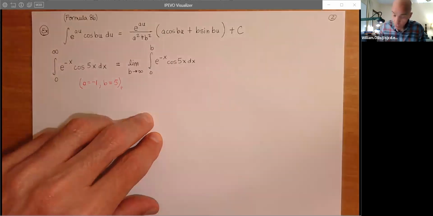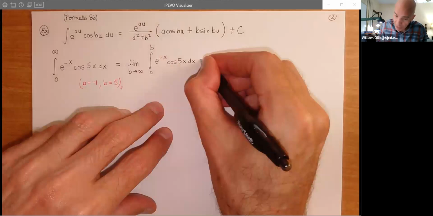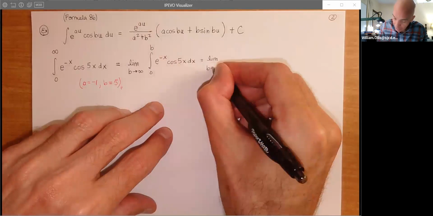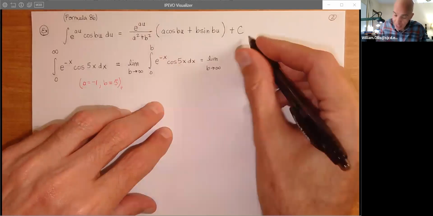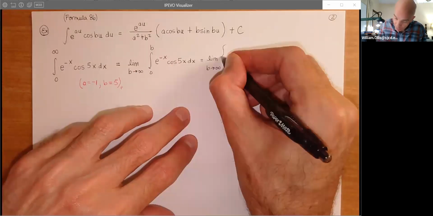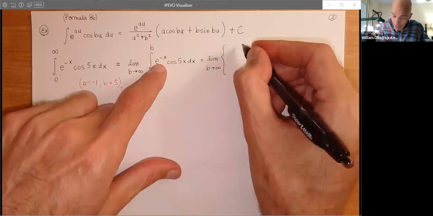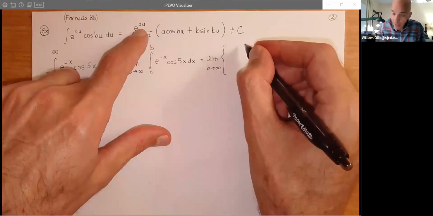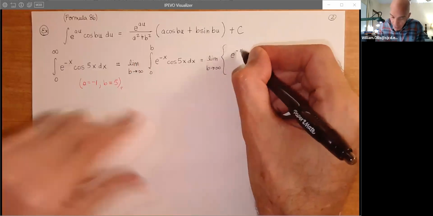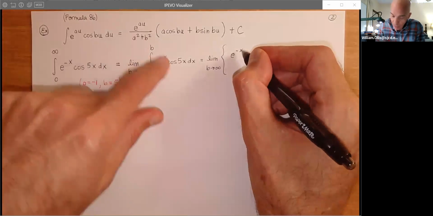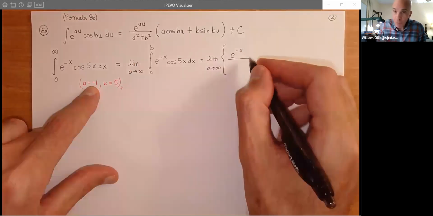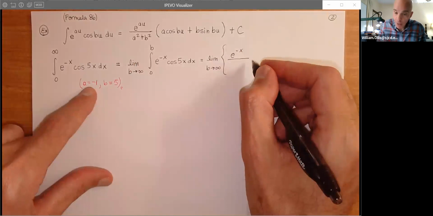So now let's go ahead and write this down. So this will be the limit as b tends to infinity. In this case, this integral, we're just going to fill this in. I'll go ahead and use the curly braces. So this will be e, in this case, to the -x, so a, like we have here. And then we have a squared plus b squared. That'll be 1 plus 25.